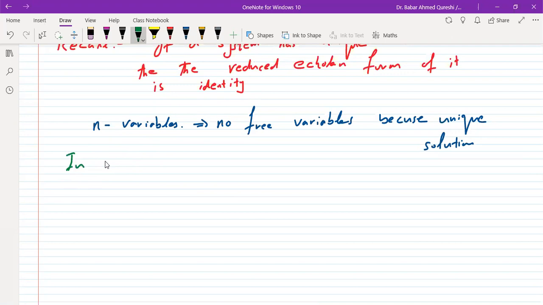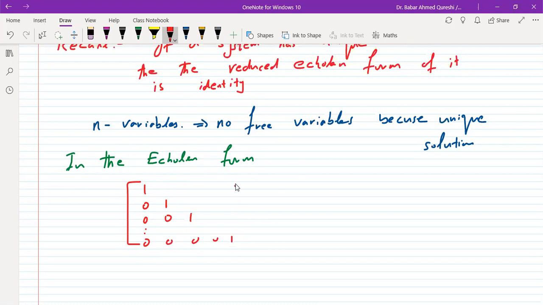So in the echelon form, we know we can always put it in echelon form, its matrix will look like this. The first row has a lead variable. In the second row also, the second column will have a lead variable. In the third row, the third column will have a lead variable, and so on. If I write 4 by 4, it will look like this.